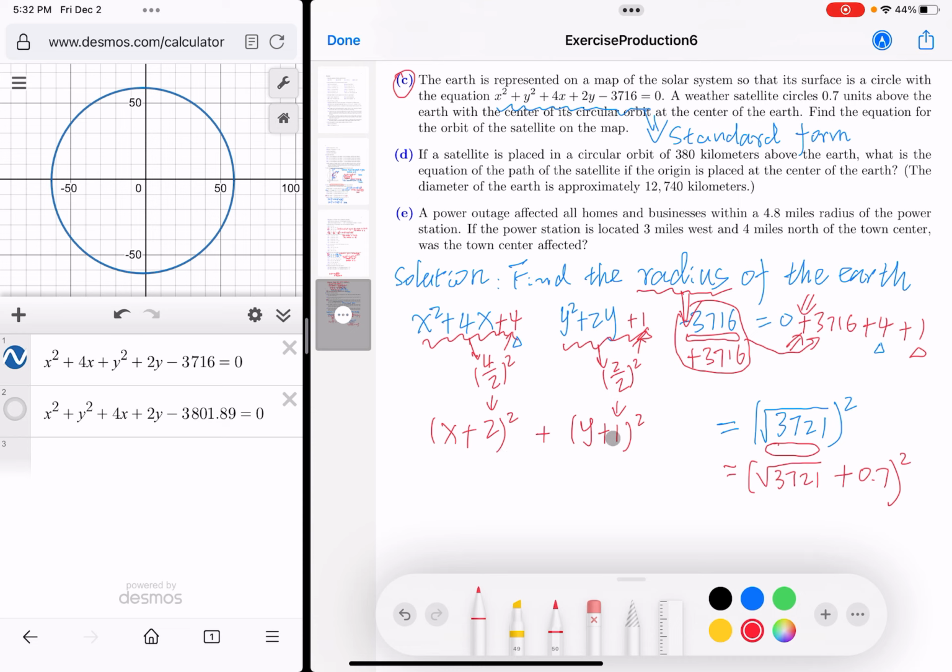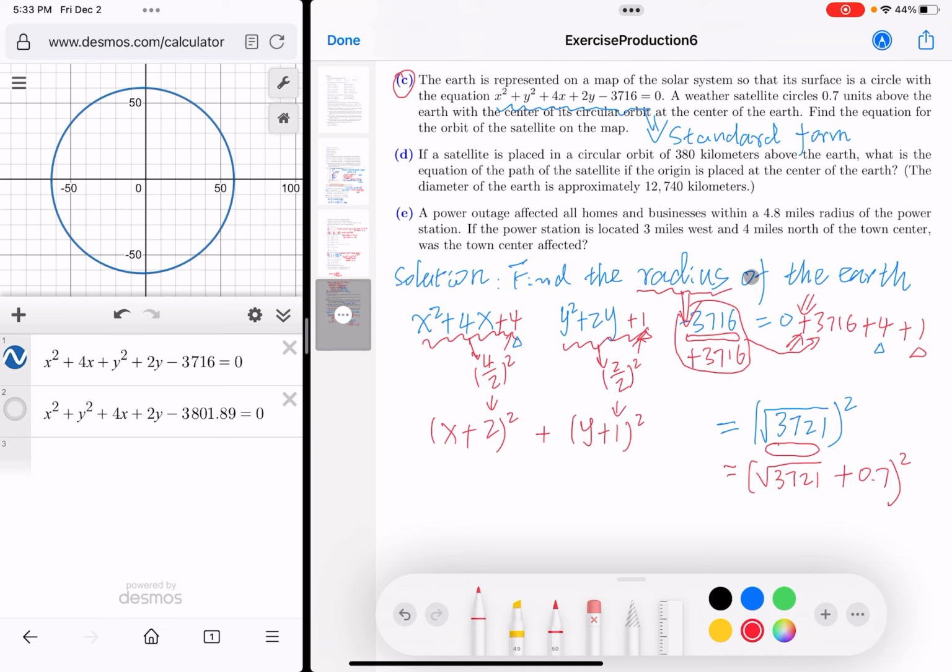Okay. Now, the center is the same. So on the left-hand side, they will be the same, like this. When you expand x plus 2 squared, it gets the same thing. When you expand y plus 1 squared, you get the same thing right here.